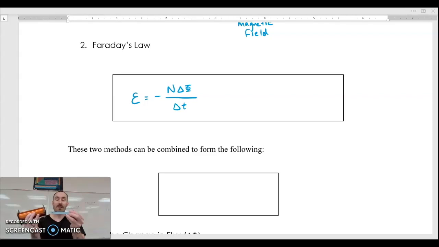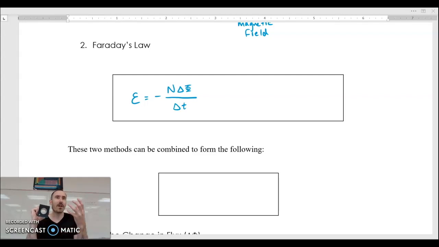rotate this thing, right? Because we said that, according to our flux formula, BA cosine theta, if I change the theta part, that will also change the flux, right? So by rotating this thing, that's going to change the flux as well. The last thing that can change the flux is changing the area of the coils.